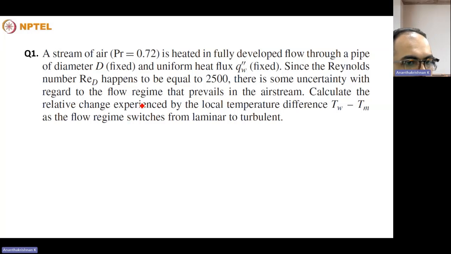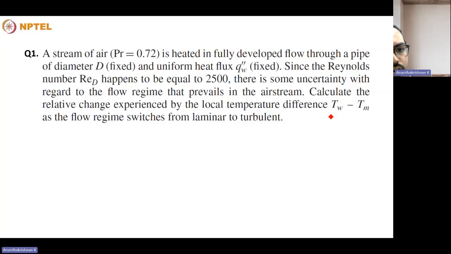In this case, we need to calculate the relative change experienced by the local temperature difference T_W minus T_M. So it's a uniform heat flux problem, but T_W minus T_M will vary with respect to the length of the domain.